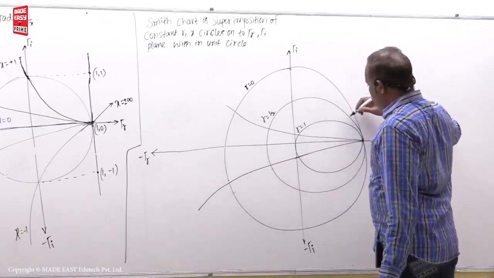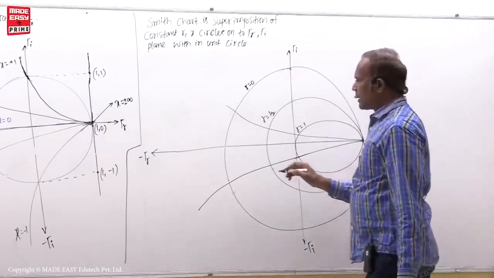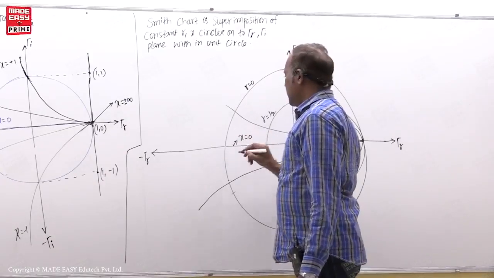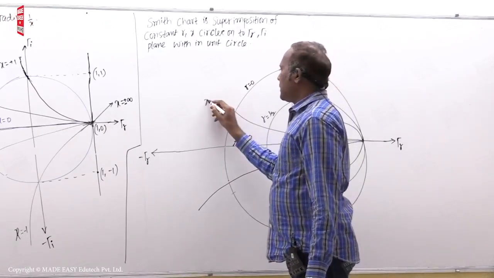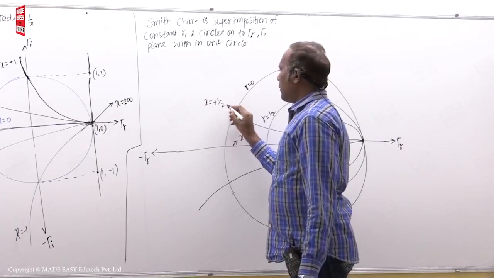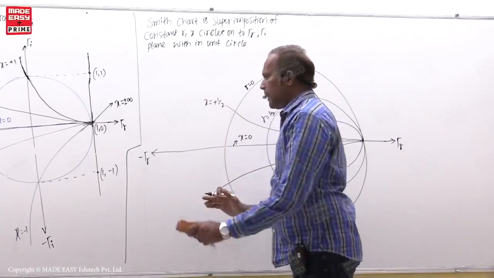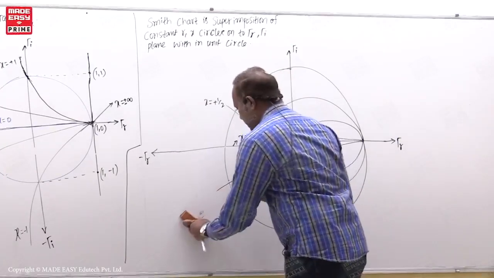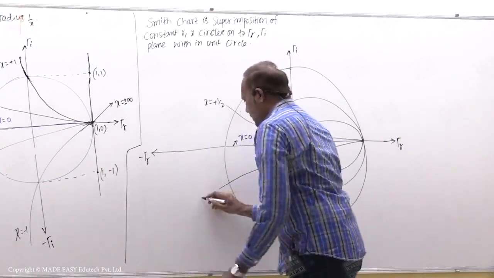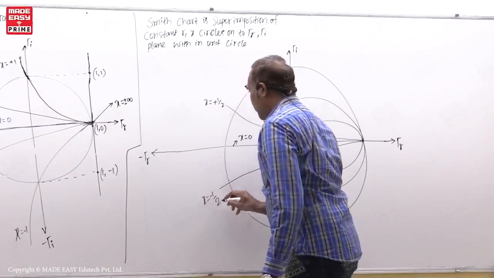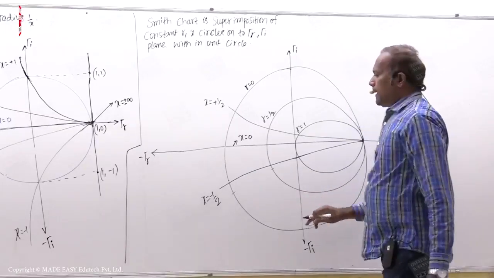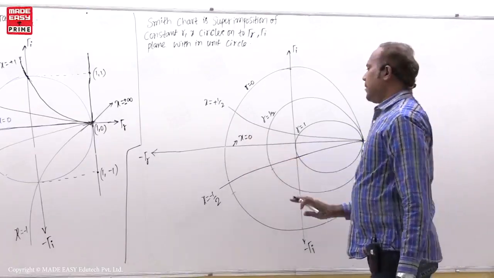Now here, this one is the x is equal to 0 circle, this one is x is equal to plus half, and this one is x is equal to minus half. Dear students, reduce the place utilized. So x is equal to minus half, this is x is equal to plus half. X is equal to plus or minus 0 will be here only.